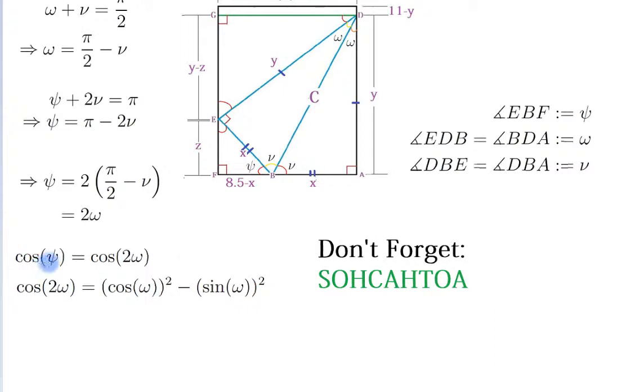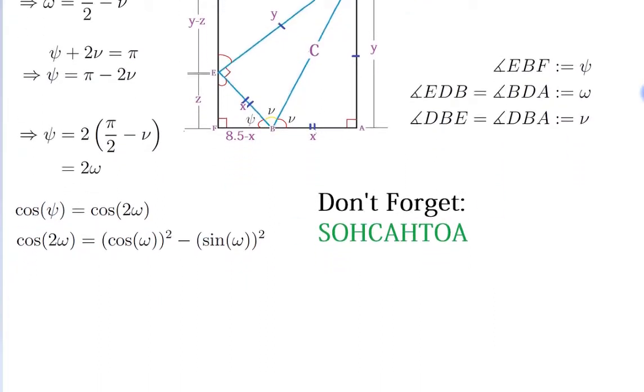Let's calculate that. We know that cosine of c by SOHCAHTOA is equal to adjacent over hypotenuse. The adjacent is 8.5 minus x over the hypotenuse, which is just x.